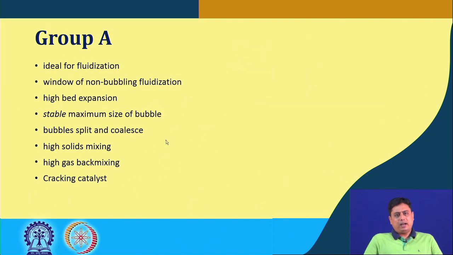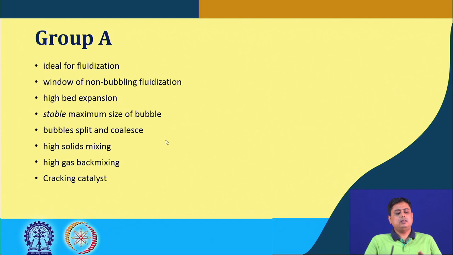So, group A particles are ideal for fluidization because it has the complete regime. You can say that it can be operated in the non-bubbling regime or in the bubbling regime. Although the window is relatively smaller, but still you have it in this case, unlike the group B particle.